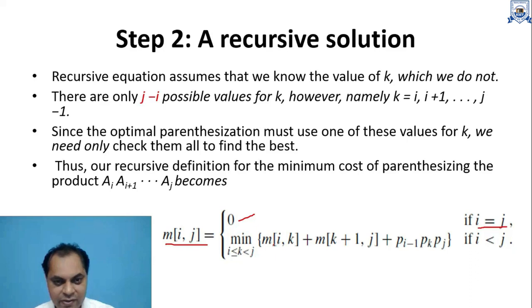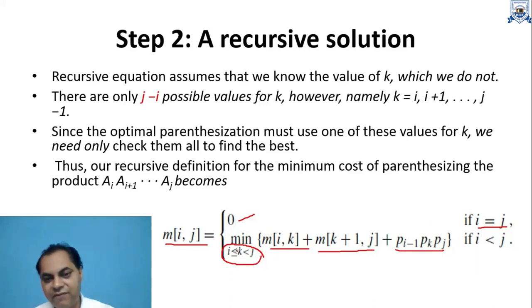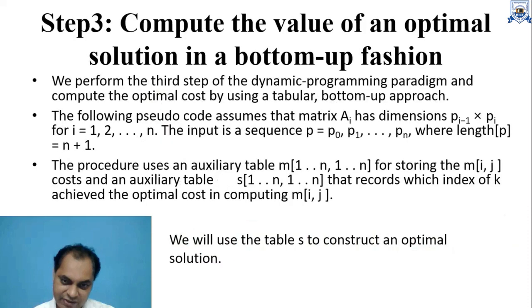Otherwise it is equal to the minimum of m[i,k] plus m[k+1,j] plus p(i-1) p(k) p(j), where k varies from i to j minus 1. That means we have to check each and every possibility by varying the value of k and find which has the minimum value, and this happens for all values in which i is less than j.